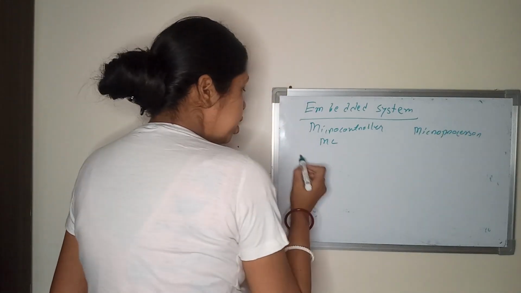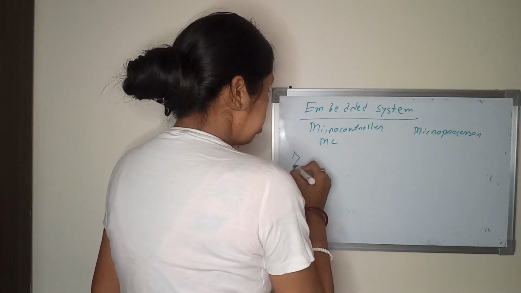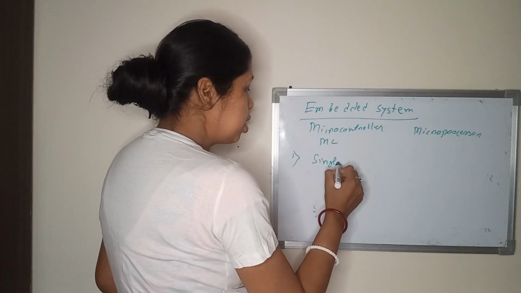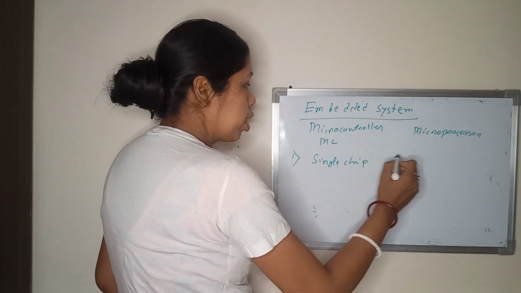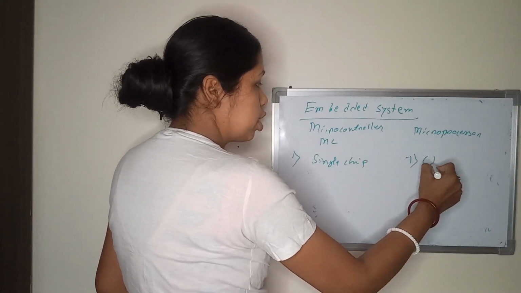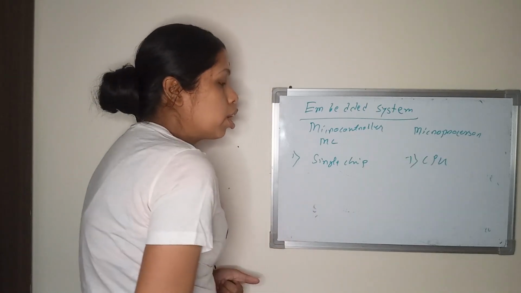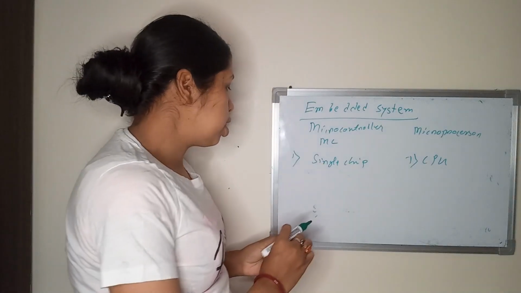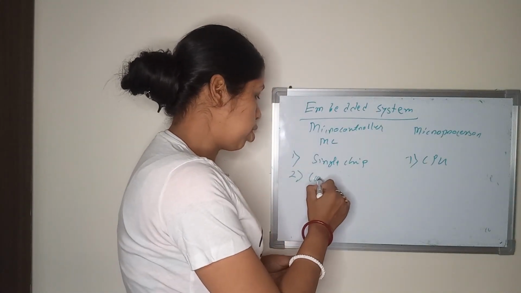The main thing is that the microprocessor is only a single chip, mainly based on the CPU, central processing unit.